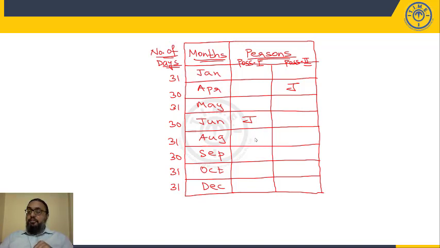So after K also you should have 3 people. So K is going to be fixed in the month of August. Then only you have 3 people after K. It satisfies. Now when it comes to possibility 2, since J is fixed in the month of April, before J you have only 1 person. So after K also you should have 1 person. Now K is to be fixed in the month of October. Are you understanding the point here?